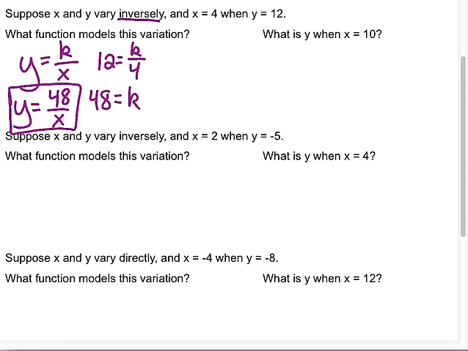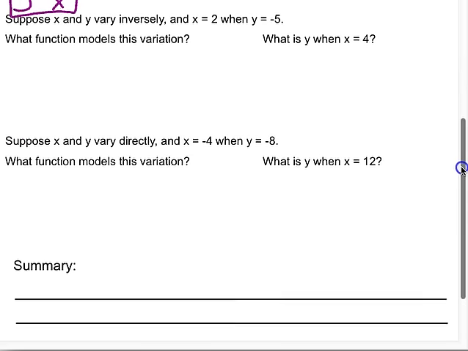Now, what is y when x is 10? Well, that's easy. Now that I have the equation, I can just plug it in. So that's what the second piece is. So if you can learn these steps, tomorrow is going to be super simple for you.